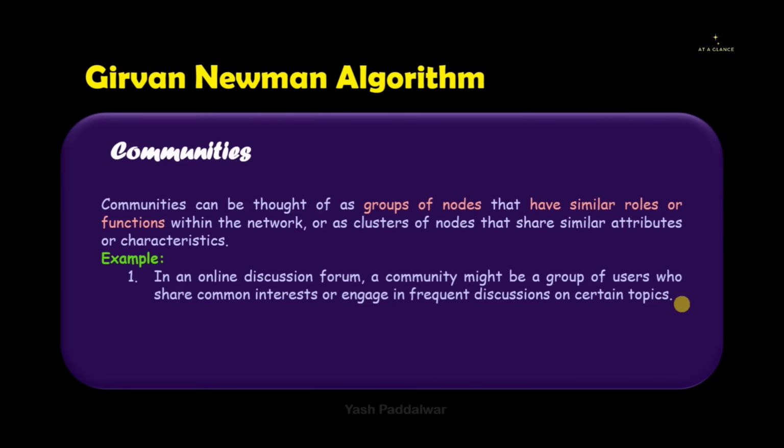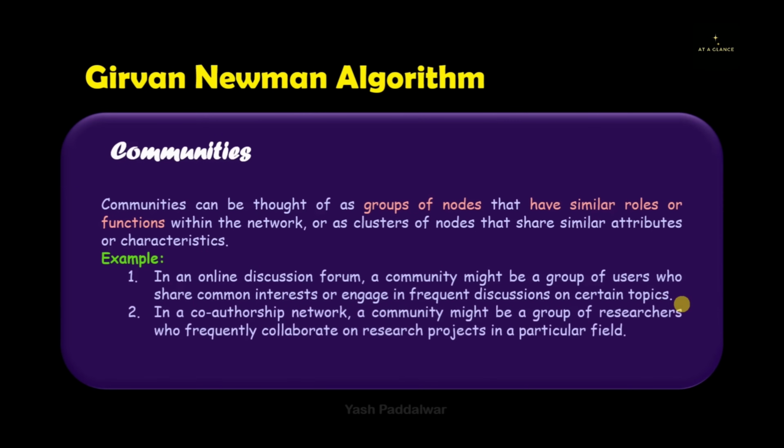Now, let's see another example. In a co-authorship network, a community might be a group of researchers who frequently collaborate on research projects in a particular field. That means the users are constantly working on a particular field or researching a particular topic. This can be called a community.